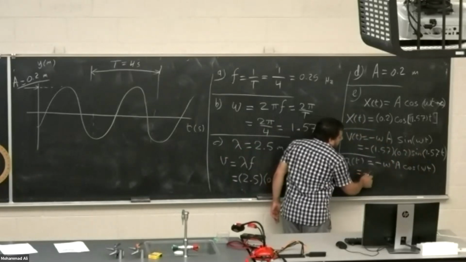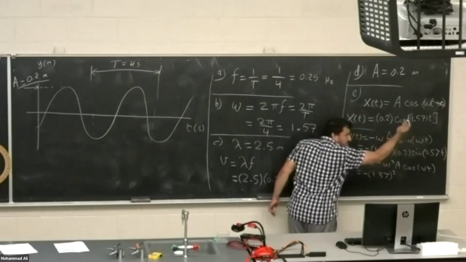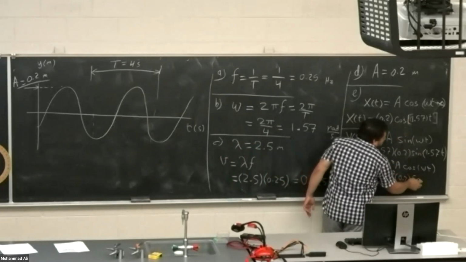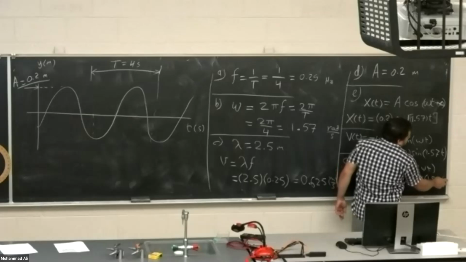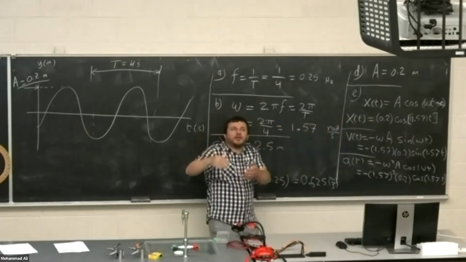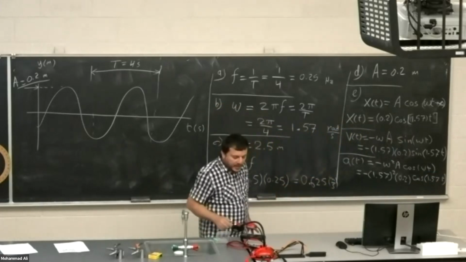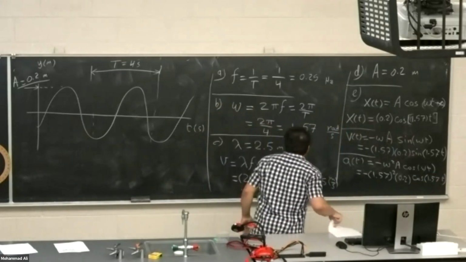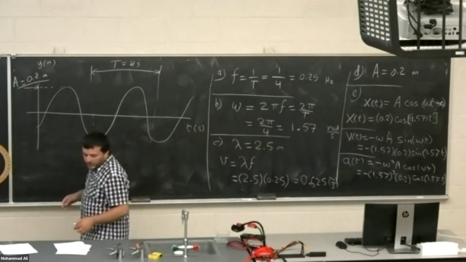So it will be equal to negative 1.57 squared, which is a number, multiplied by 0.2, cosine 1.57 t. That's it. You just compare the given equation with your information: omega, A, and t is the time. Any question about these? Online? Okay, what else?